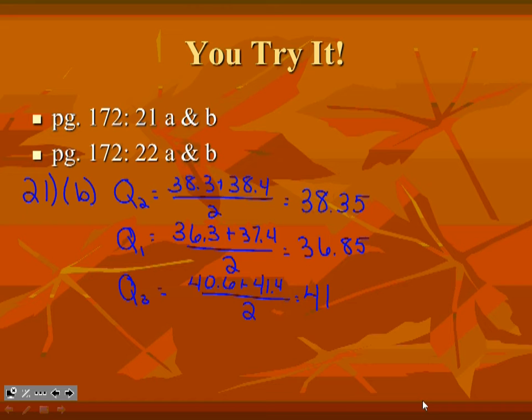What is A asking us to do? Out of these scores, did they give us a number in the question? Yeah, 36.3 miles per gallon. Do we have a mean?